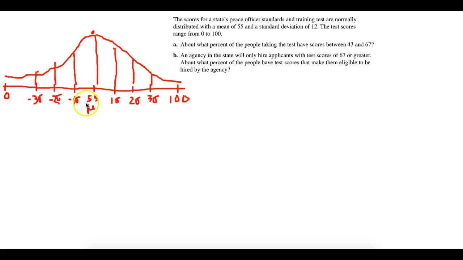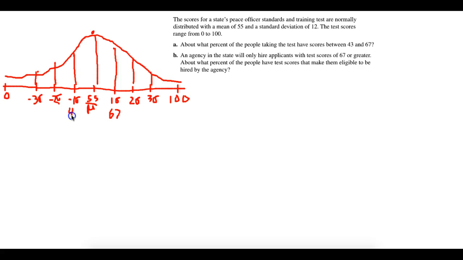Now, we know that our mean is equal to 55, and we know that our standard deviation is 12. So we can actually go up and calculate these values. We know that 55 plus 12 is 67, and we know that 55 minus 12 is 43.